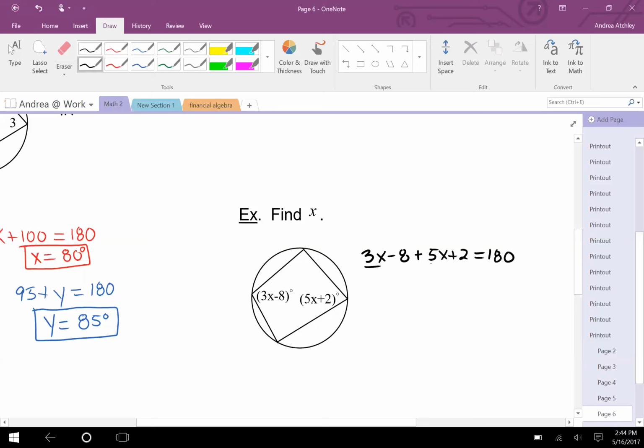You're going to combine your like terms and get 8x minus 6 equals 180. So I'll give you 8x equals 186. So x equals 23.25. Leave it like that.